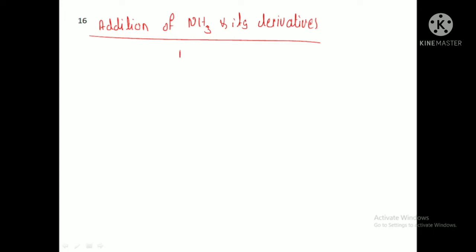This is NH3. If I remove one hydrogen and replace it by any other group like Z, you will get a derivative of ammonia. I'll take an aldehyde or ketone containing a carbonyl group and treat it with ammonia or its derivative. If Z is H, it becomes ammonia. If Z is any other group, it becomes a derivative of ammonia.